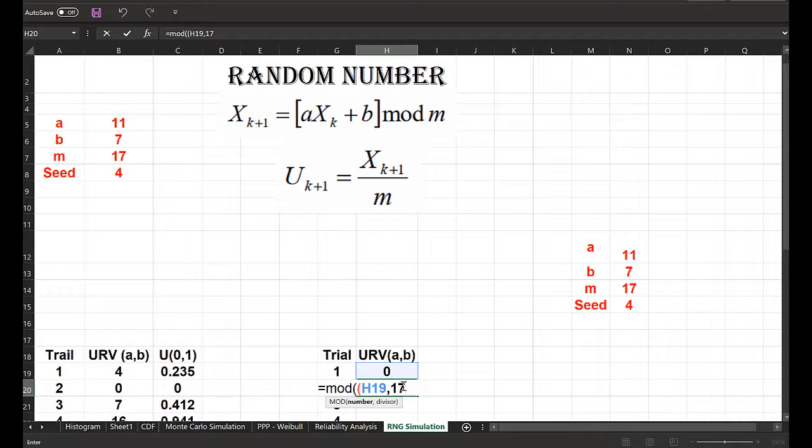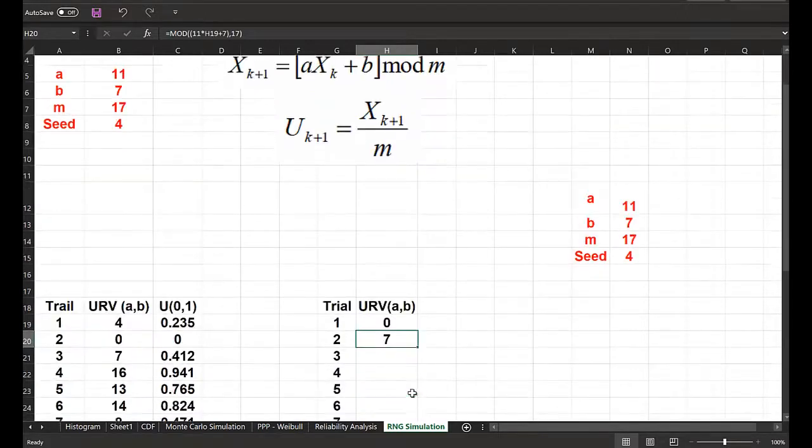So I make a times, a is 11, times the previous value plus b value 7, and then this divided by 17. So this will give me the corresponding number. So this comes out to be 7.